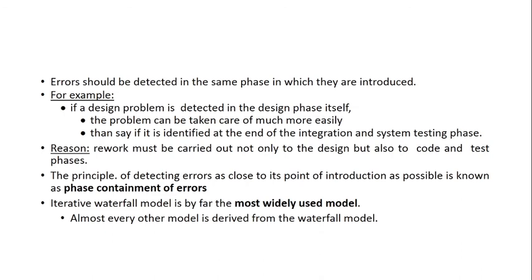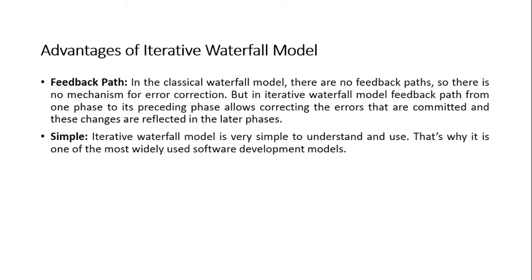You'll see the prototype model: once you develop the prototype, then the iterative waterfall model is applied. Evolutionary model: in each evolutionary step, the iterative waterfall model is used. If it is a spiral model, in each spiral we will be using the iterative waterfall model only. So ultimately other models are based on this model and it is used everywhere.